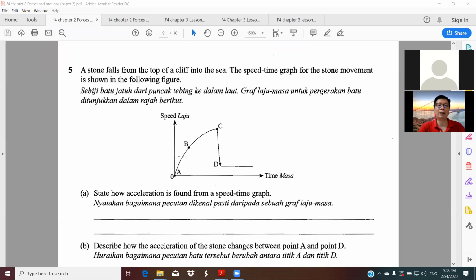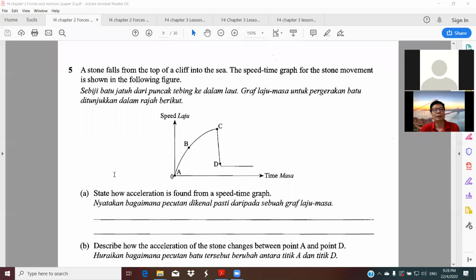It's falling down, then after reaching the water, it gets slowed down because of water resistance, water friction, and then finally it becomes stable. Still moving now, but it's consistent speed. Understand the graph already?